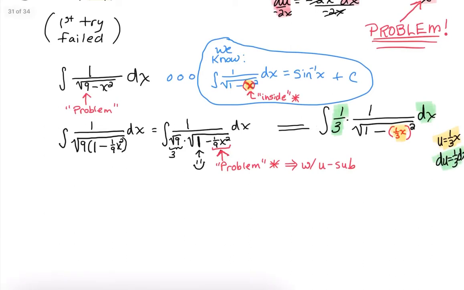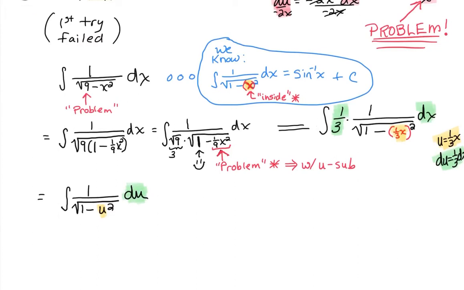So let's see where we're at now with our integral. It's going to be 1 over the square root of 1 minus u squared, where u was originally the 1/3 x, and then the 1/3 dx, that whole thing is equivalent to our du. So that's my du.